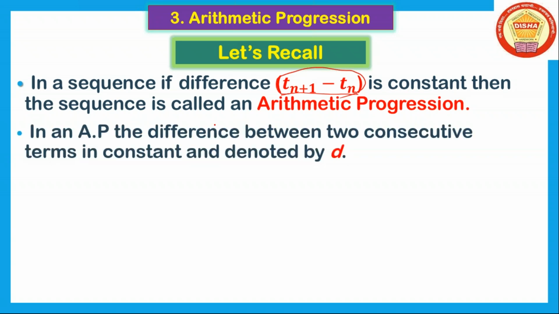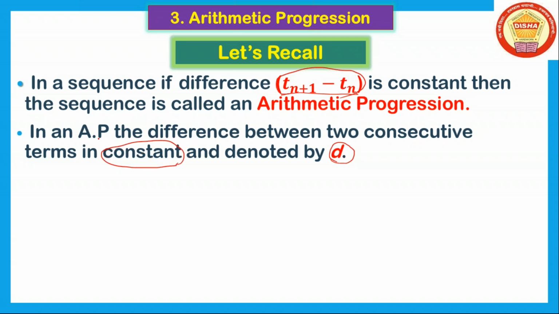In an AP, the difference between two consecutive terms is constant and it is denoted by d. If it is an AP, then the difference between two consecutive terms remains constant.